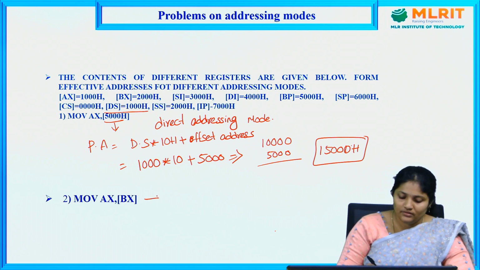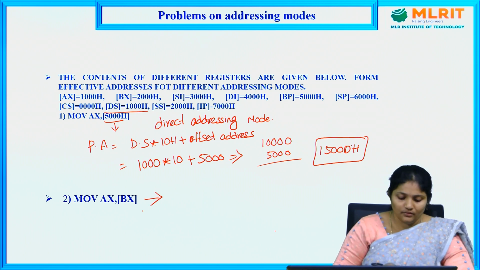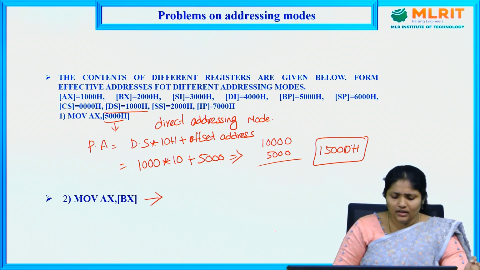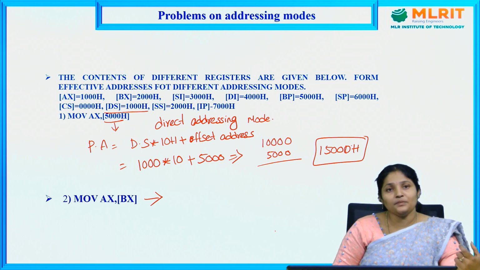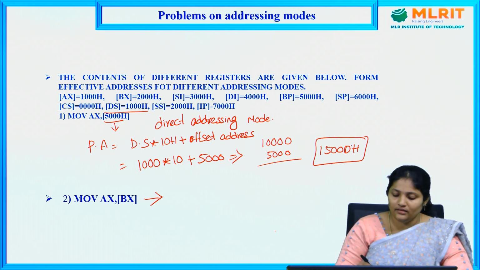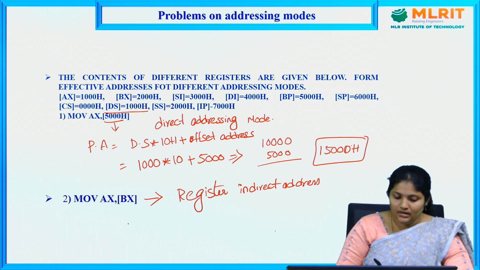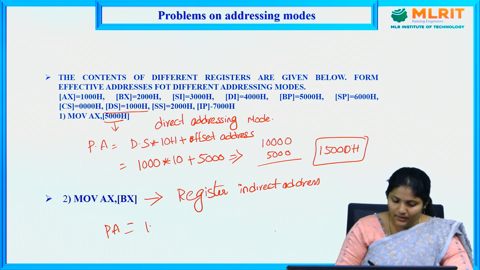Coming to the next instruction, which addressing mode does this instruction belong to? As we are seeing, two registers are there and one of the registers is mentioned indirectly. So you can say that it is register indirect addressing mode. Here the physical address will be calculated by using the data segment 1000 into 10.